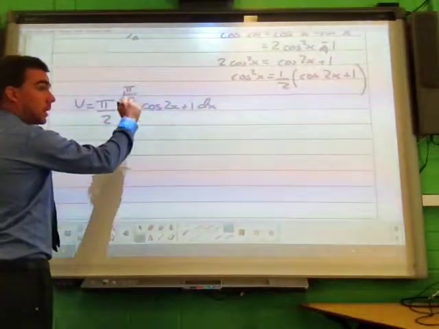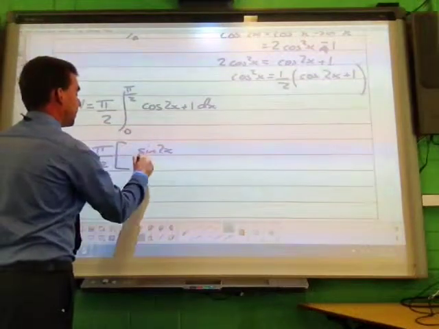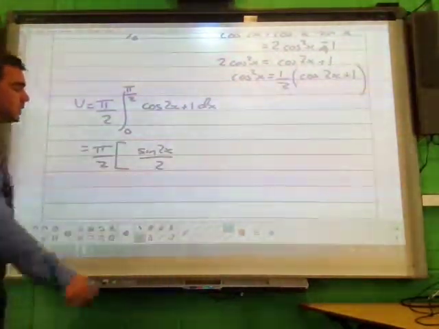So when you differentiate sine, you get cos. So when you integrate cos, you get sine over the coefficient of x.